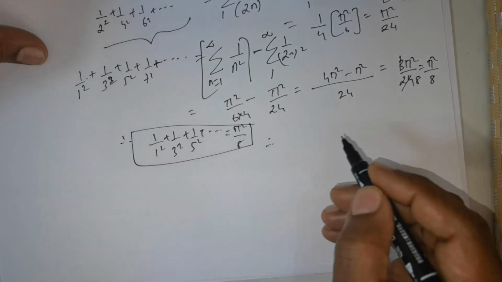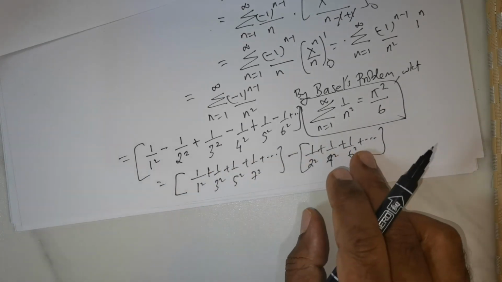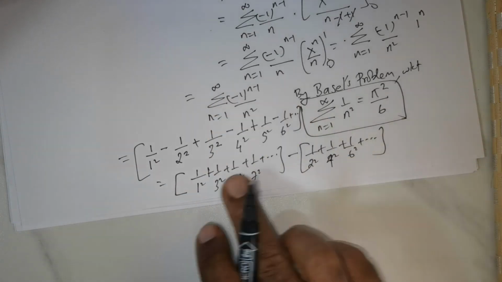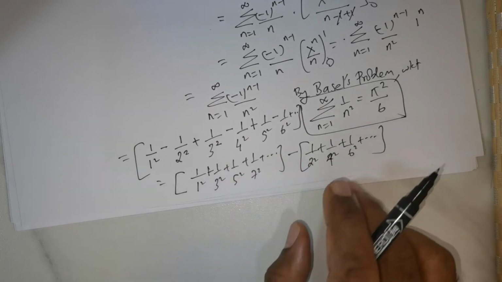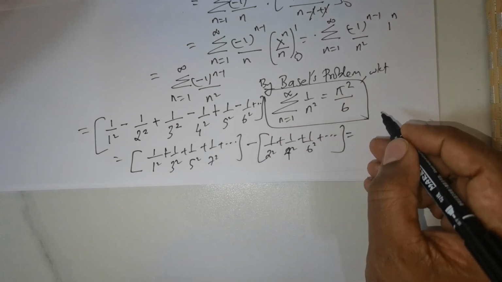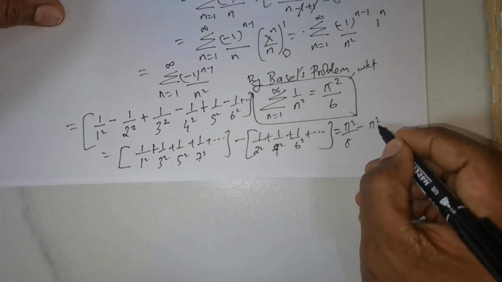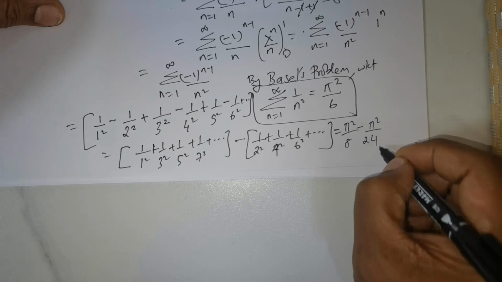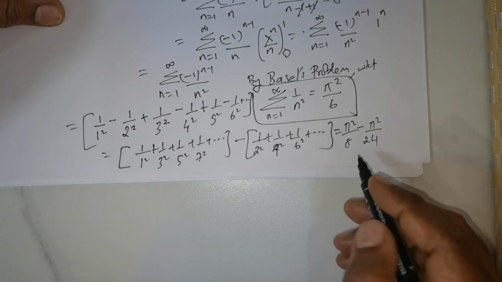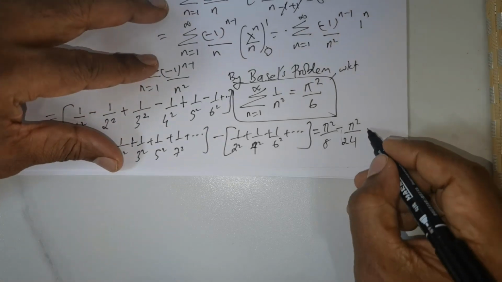Okay, so coming back to the question, what is this minus this equal to? We expected to find this minus this, right? So I can evaluate it here. This is equal to pi squared over 8 minus pi squared over 24, right? Odd terms give me pi squared over 8, even terms give me pi squared over 24.